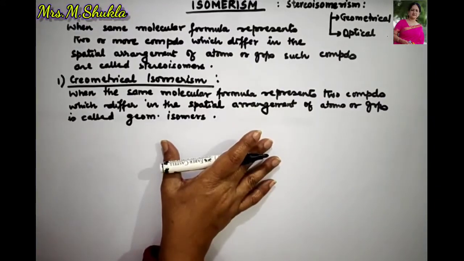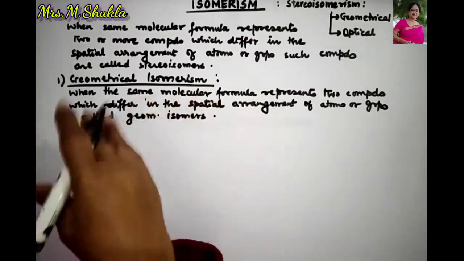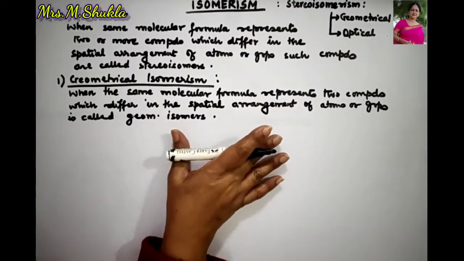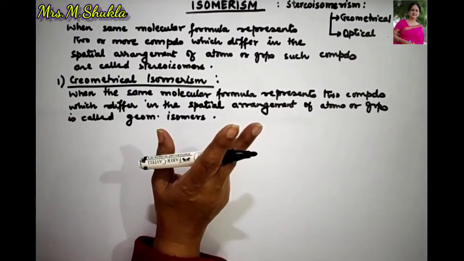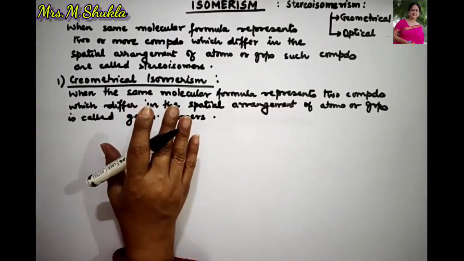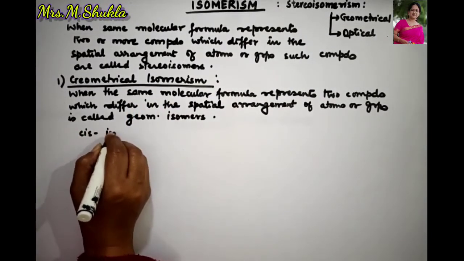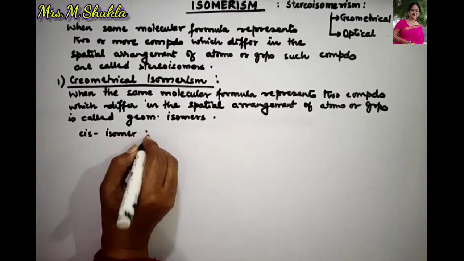Now this is due to the restricted or hindered rotation around the double bond. The isomer in which two similar atoms or groups are on the same side of the double bond, what are they called? Cis isomer. What did I say about cis isomer?